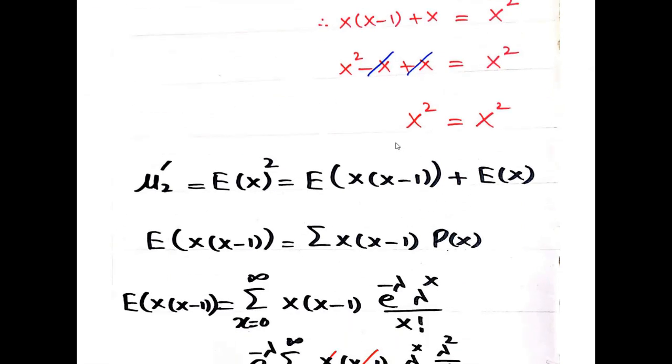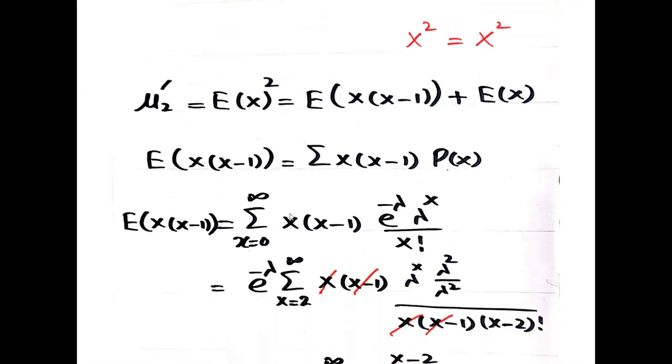Now our task is to calculate the expected value of x into x minus 1. So the expected value of x into x minus 1 is equal to the sum of x into x minus 1 p of x. Put in the probability mass function of the Poisson distribution, which is e power minus lambda lambda power x over x factorial, and the random variable x ranges from 0 to infinity.